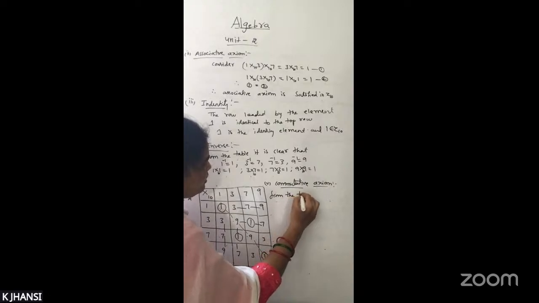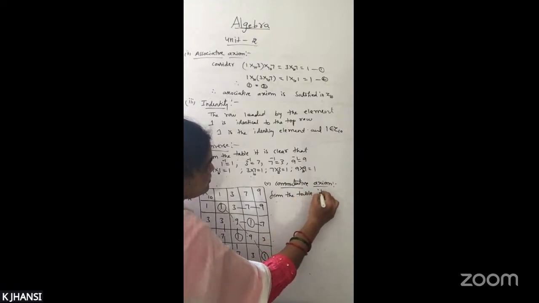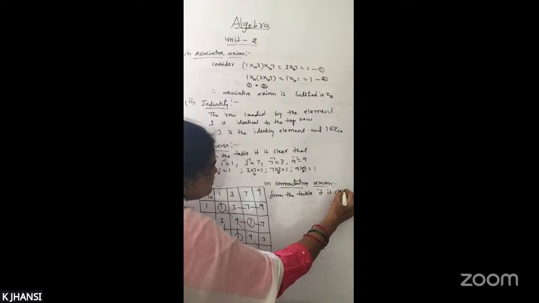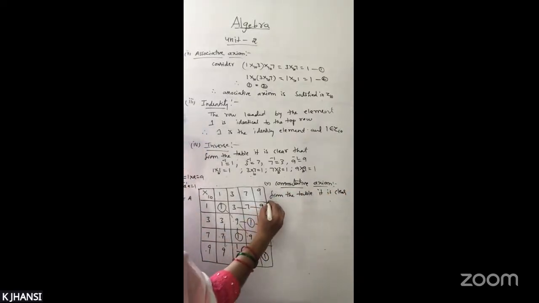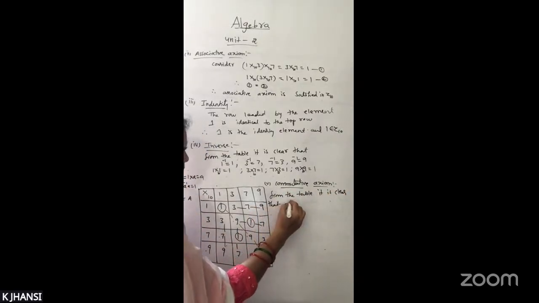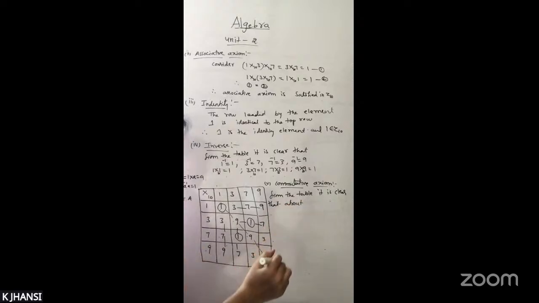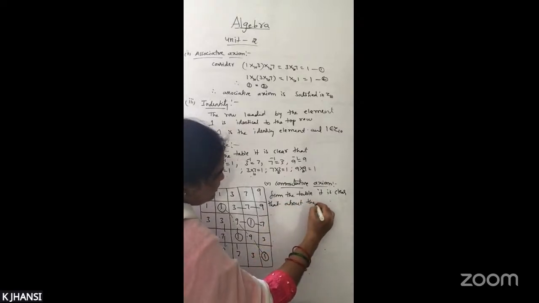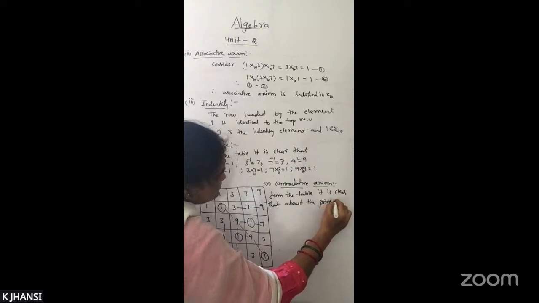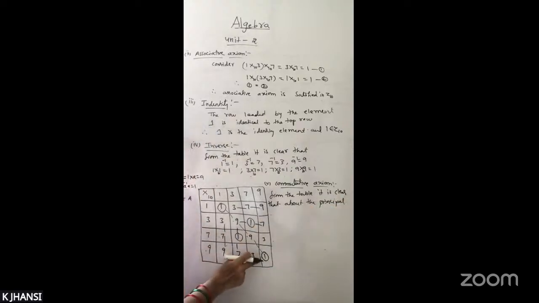From the table, it is clear that about the principal diagonal, the table is symmetrical. This is the principal diagonal.